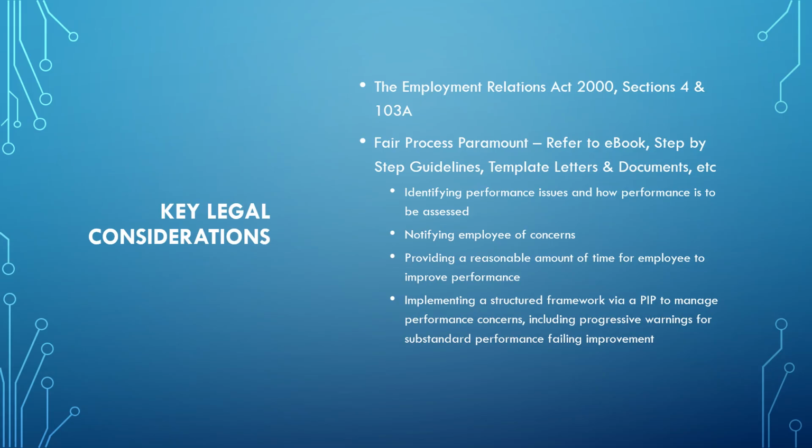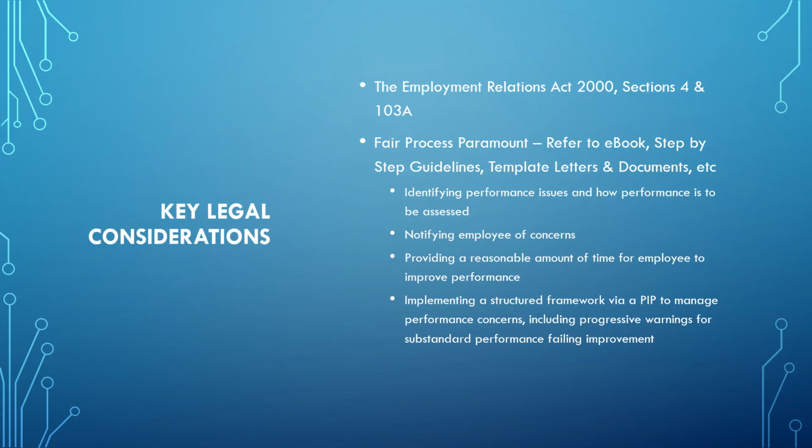By way of a summary, the key considerations that an employer has to have regard to in this context include, as a starting point, identifying the performance issues and how performance is to be assessed or managed. This is a really obvious one, but a point that is often underestimated by employers. So take some time to document, be clear on the issues and how the employer proposes to monitor, measure and assess that.